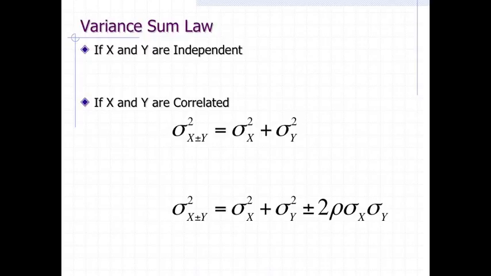So, when the variables are correlated, the variance of x plus y is the variance of x plus the variance of y, plus 2 times rho times the standard deviation of x times the standard deviation of y. Or, the variance of x minus y is the variance of x plus the variance of y minus 2 times rho times the standard deviation of x times the standard deviation of y.